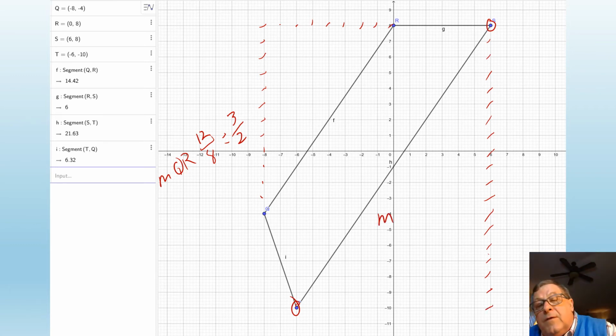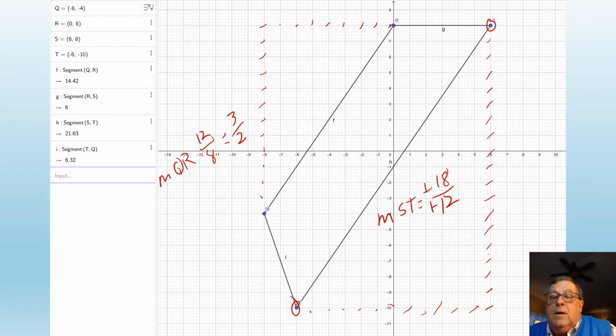So the slope of ST, we're down 18, and then we're to the left 1, 2, 3, 4, 5, 6, 7, 8, 9, 10, 11, 12. Negative 12, well, the two negatives are going to cancel. 18 and 12 are both divisible by 6. 6 goes into 18 3 times, and 6 goes into 12 2 times. And they do have the same slope.